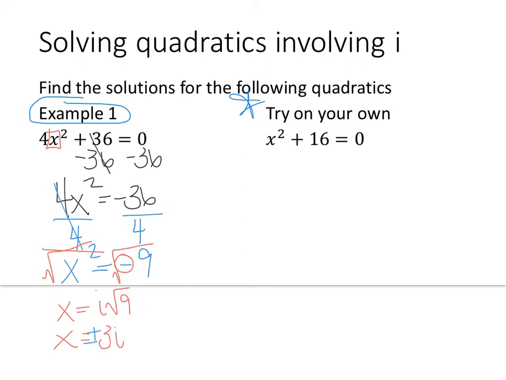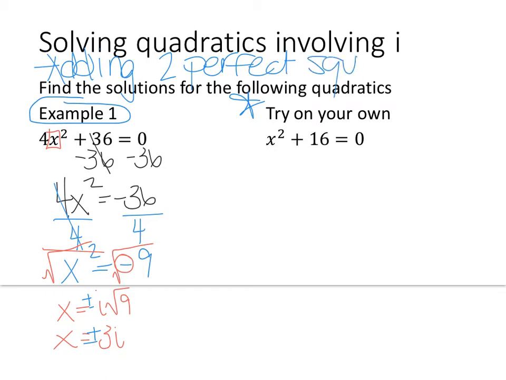Whenever you take the square root of something, I know that it could be a positive number or negative number as my answer. So now I want you to follow these same steps, but try your own for x squared plus 16 equals 0. Notice that we're adding 2 perfect squares. That's when we use the solving method, when you solve using your square root.